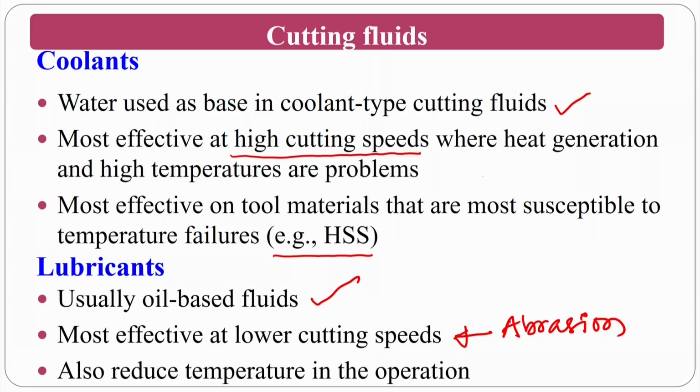At lower cutting speeds, friction and abrasion will be very high. There, lubrication is required. For that purpose, lubricant based cutting fluids are used. They also reduce the temperature in the operation. If the friction is reduced, partially you can also reduce the temperature. Okay. So this is another function.